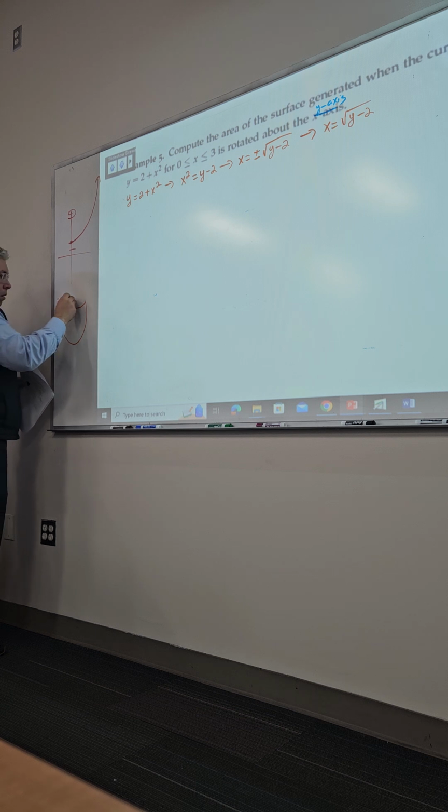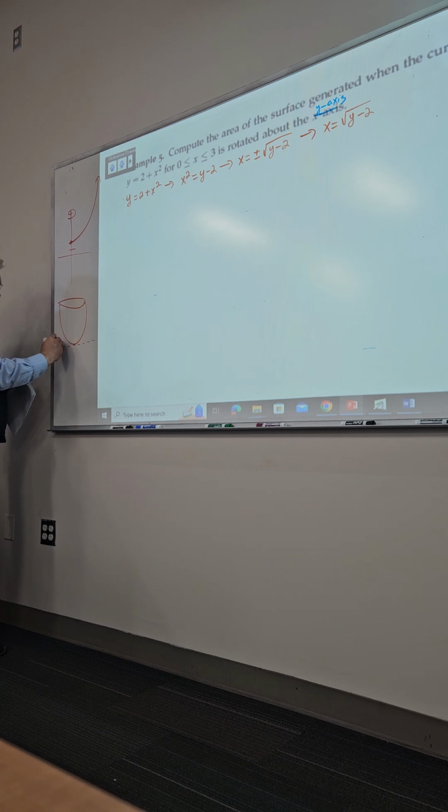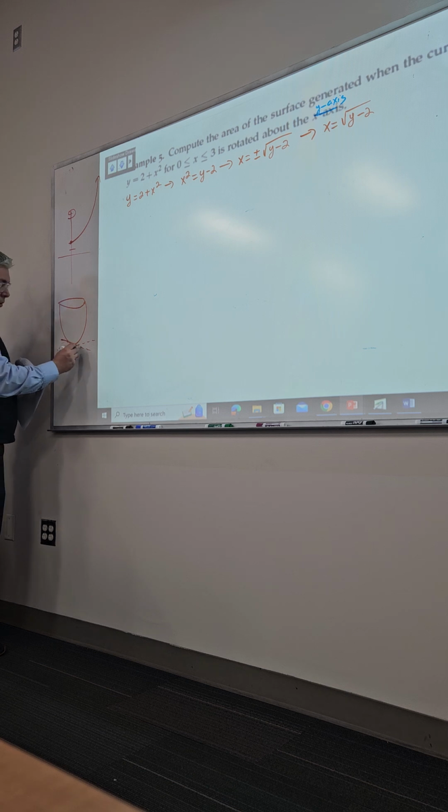Okay? All right? Sitting on top of some quadrants here, okay? Make sense? Sitting on top of the x-axis there. All right? Got the pot, it's 3D now.